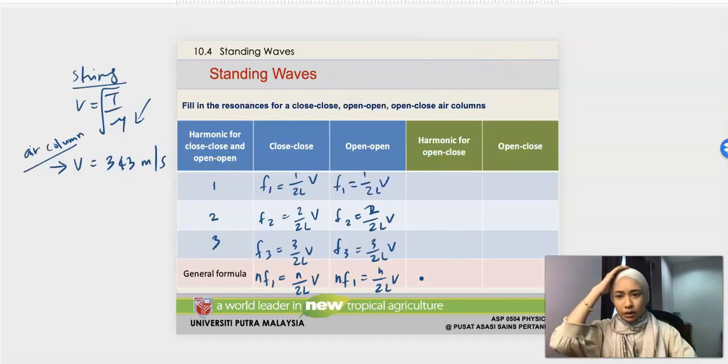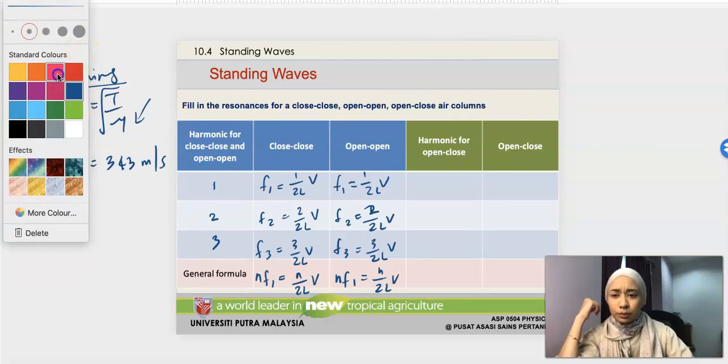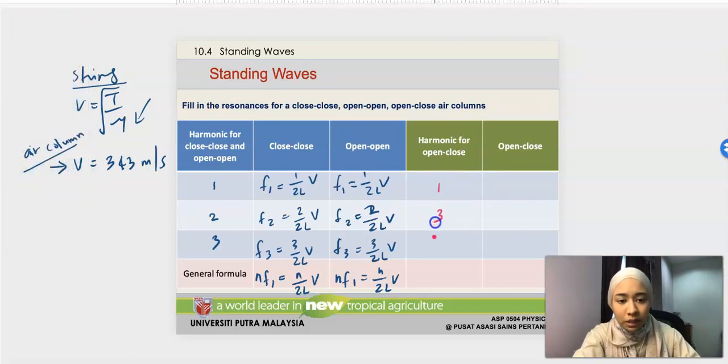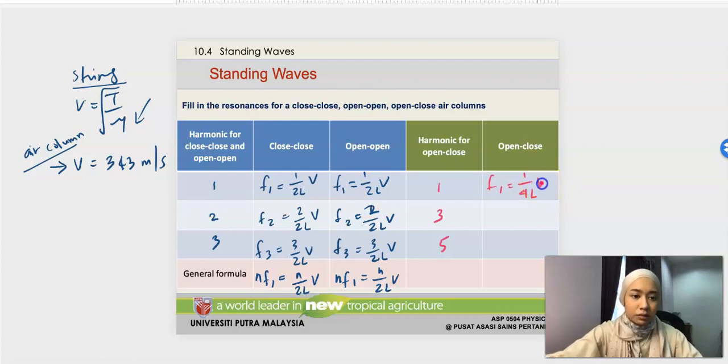So the harmonics for an open-closed air column. We know that the harmonics go 1, 3, 5, right? Because it's a weird situation. So f1 is 1 over 4L times v. Earlier it was 2L, now it's 4L. The v is the same as before, 343, constant. In air, the speed of sound is constant.